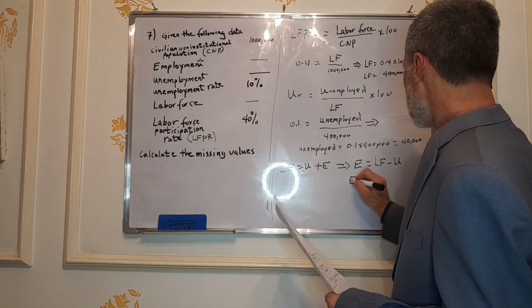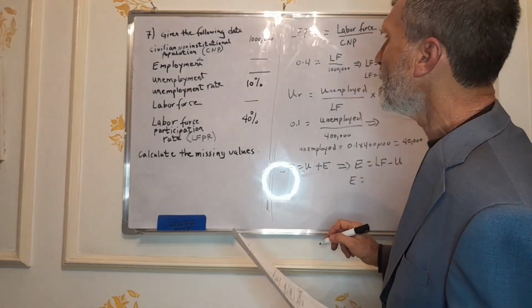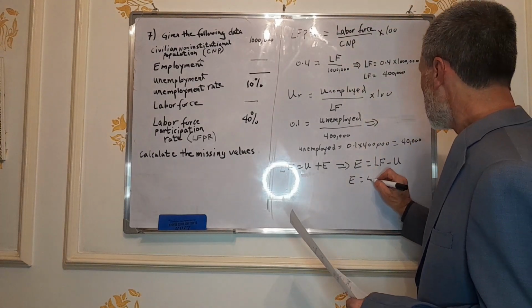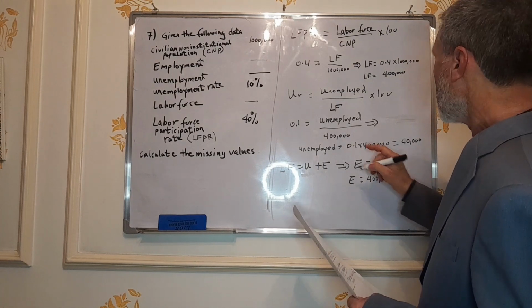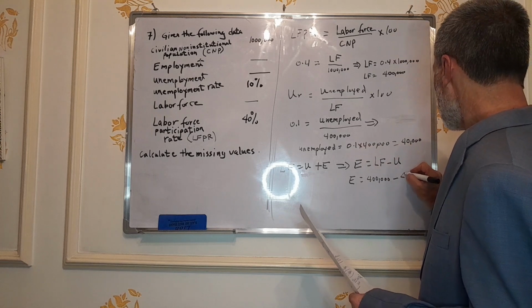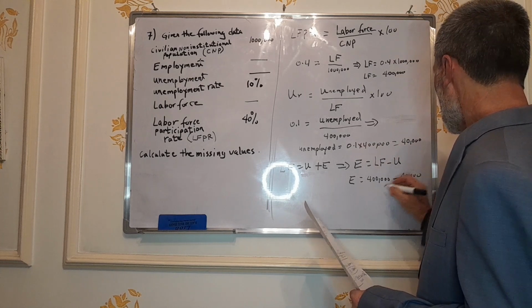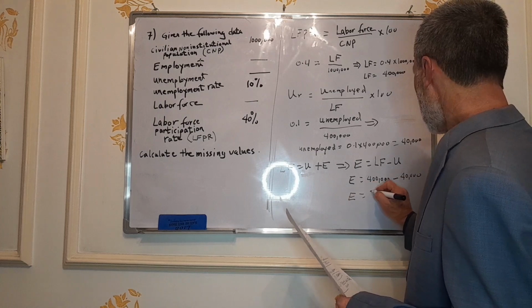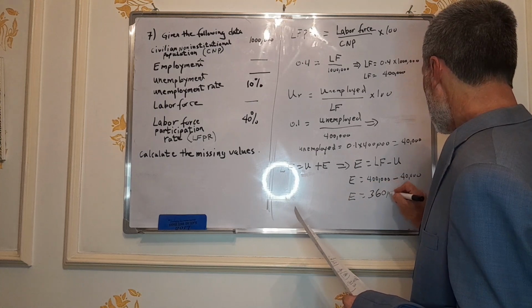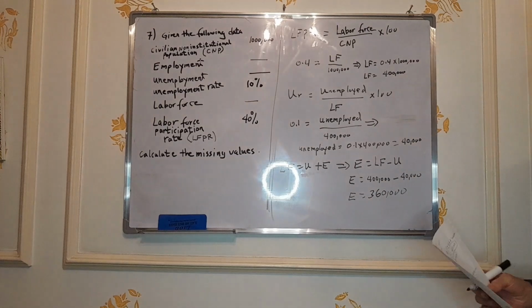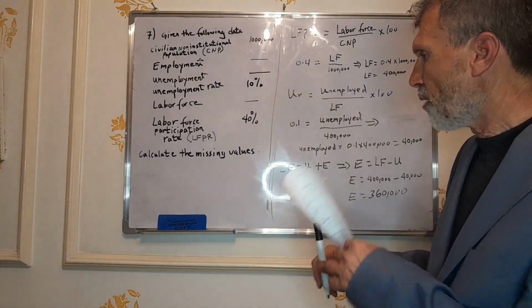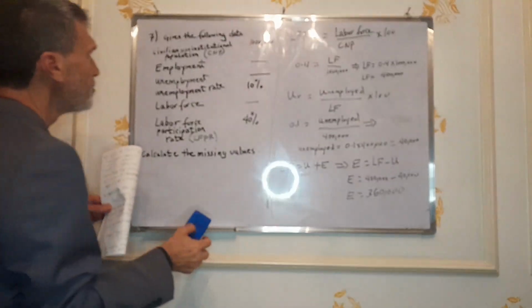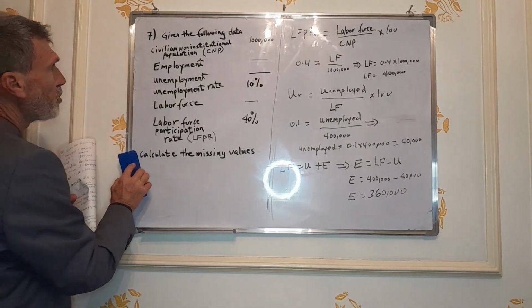So employed is equal to labor force, 400,000, minus unemployed, 40,000, which implies employed is equal to 360,000. Okay, now we calculated all the missing variables. Now let's move to the second problem.